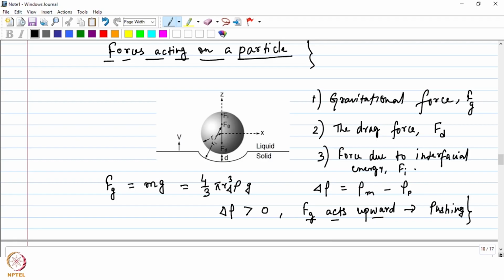Now let us come to the second one, that is the drag force. And that will be given by the Stokes law as Fd equal to six pi eta Vr, where eta is the viscosity of the melt.